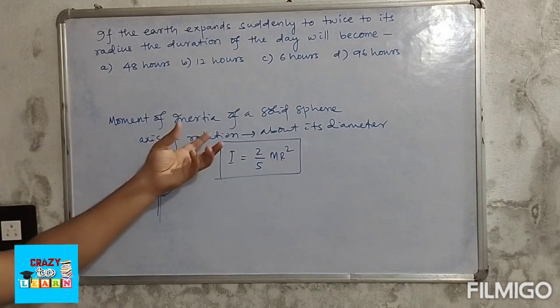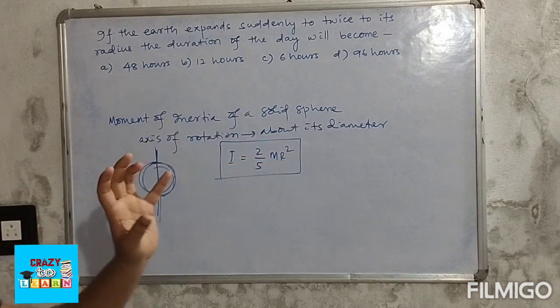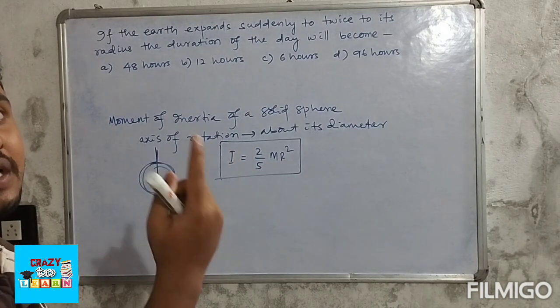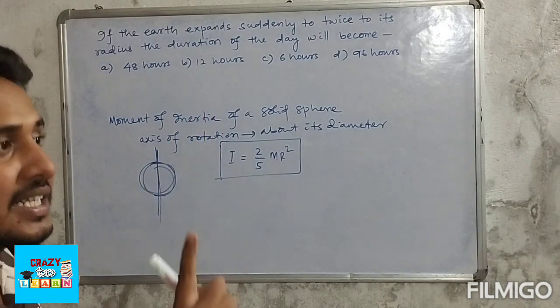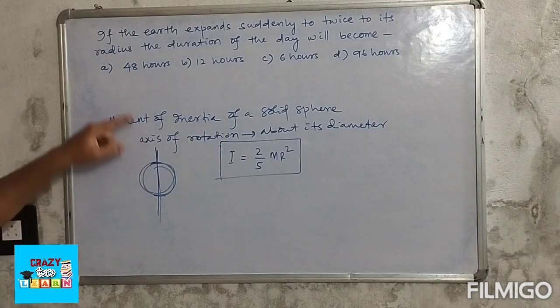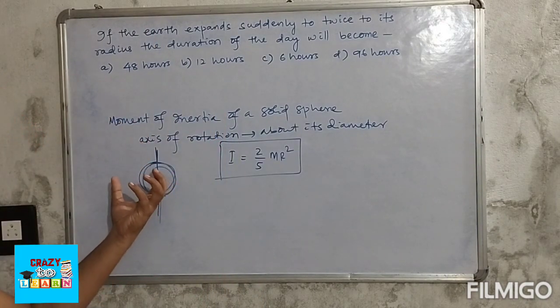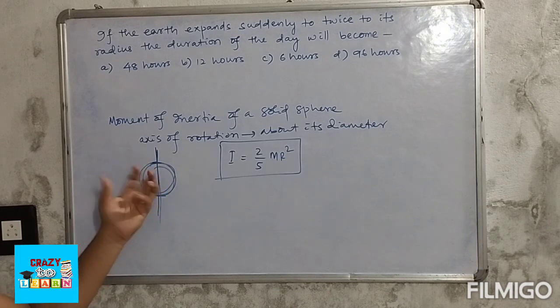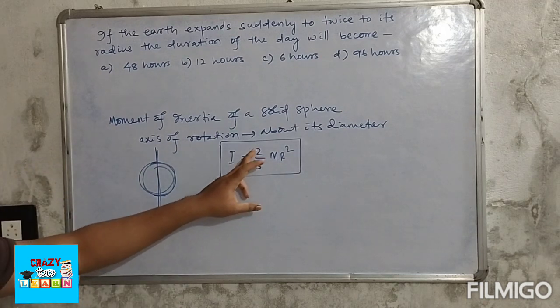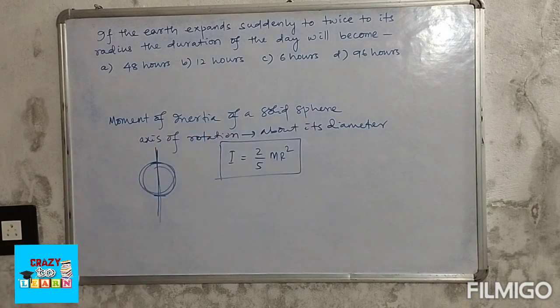So similarly, the moment of inertia of a solid sphere rotating about its own axis, an axis passing through its diameter, the formula is I is equal to 2 by 5 mr square.